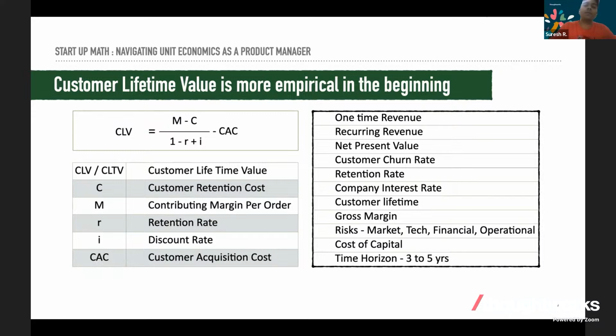This was the cost we were talking about in the last slide, wherein we were saying try to bifurcate your marketing expenses between retaining customers versus acquiring customers. It gives you a much better picture.